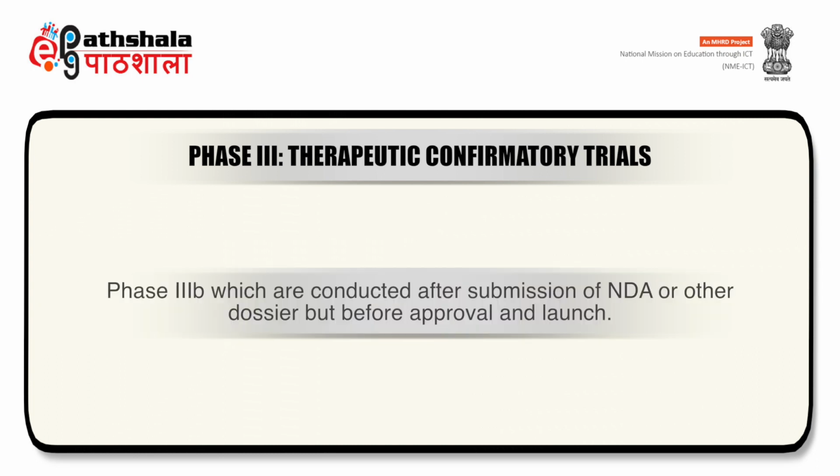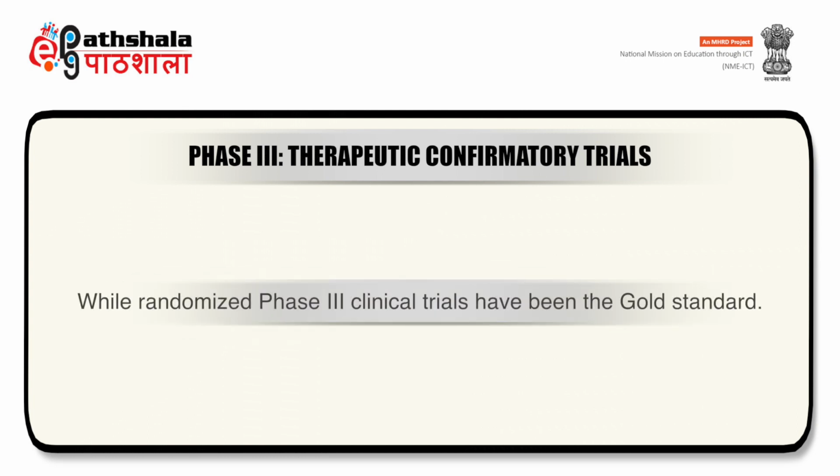Phase 3B trials are conducted after submission of a new drug application or other dossier, but before approval and launch of the drug. The phase 3 clinical trials have been designated to be the gold standard.